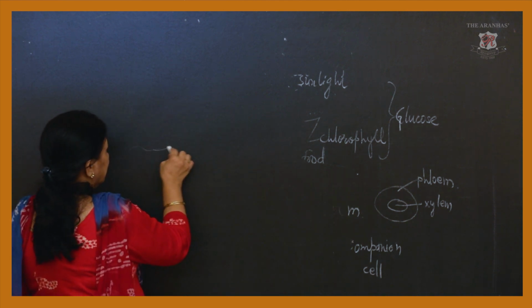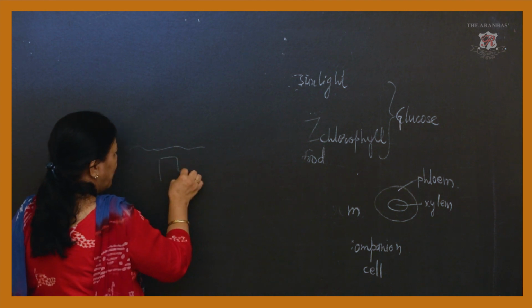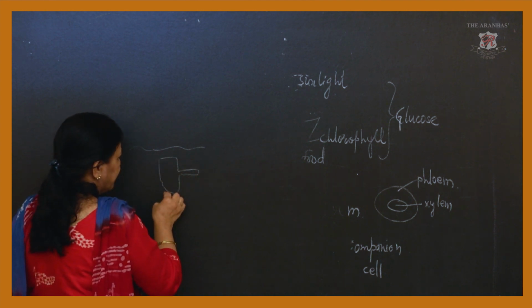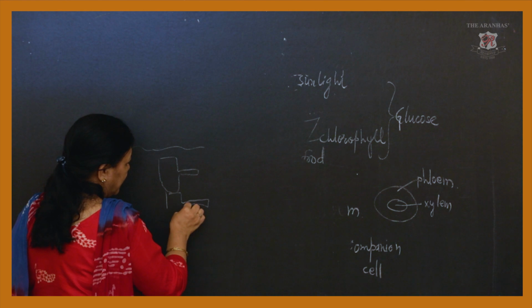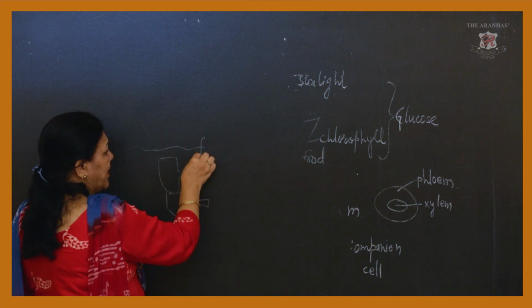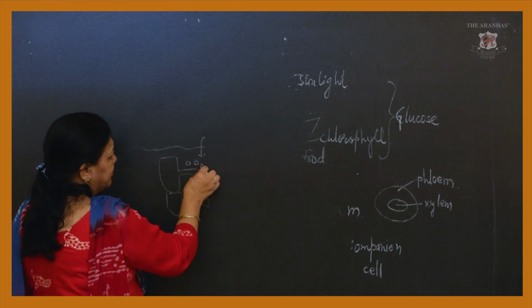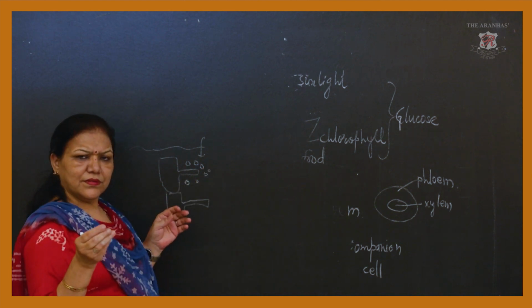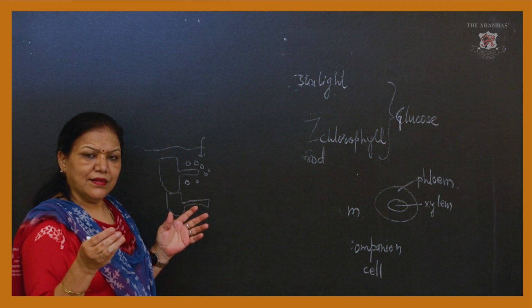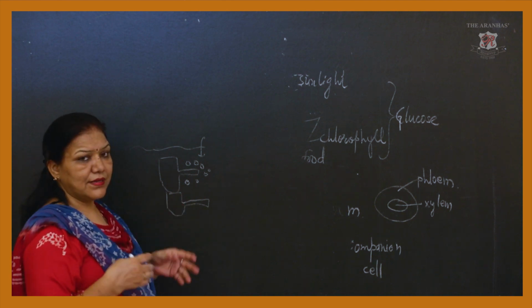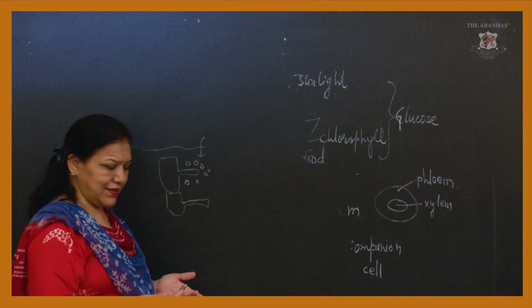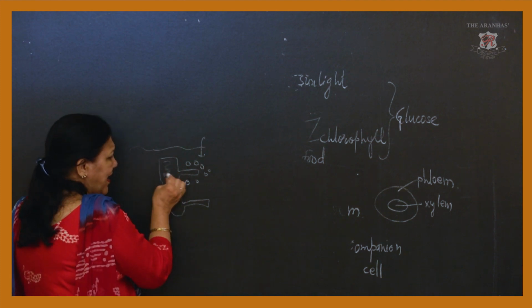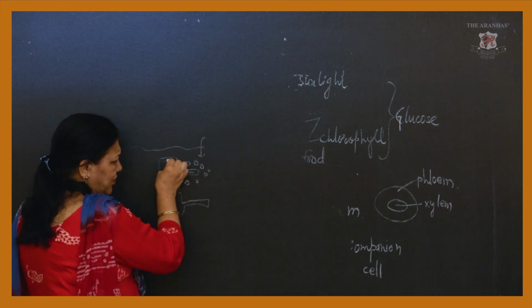Here the water is there. See, we are putting water here. Obviously, you know a little about the cell, that a cell has cell organelles, cell sap, cytoplasm and everything. So obviously the cell has some fluid-like structure.